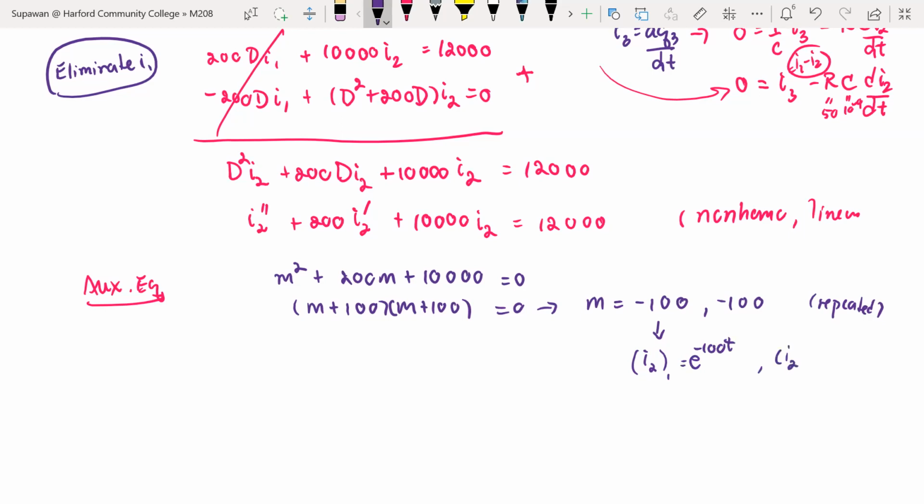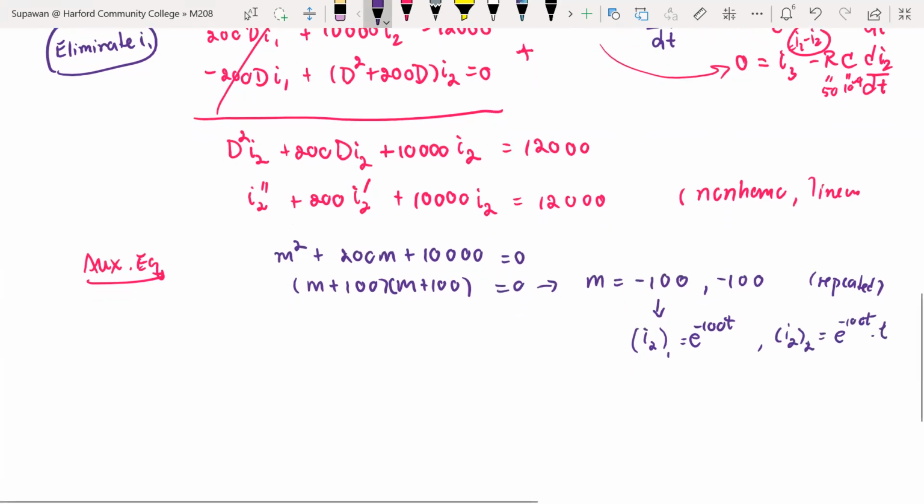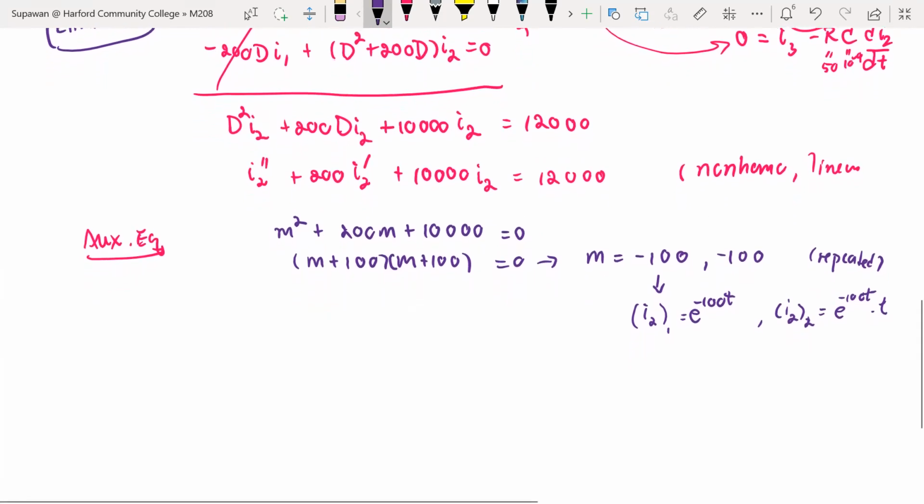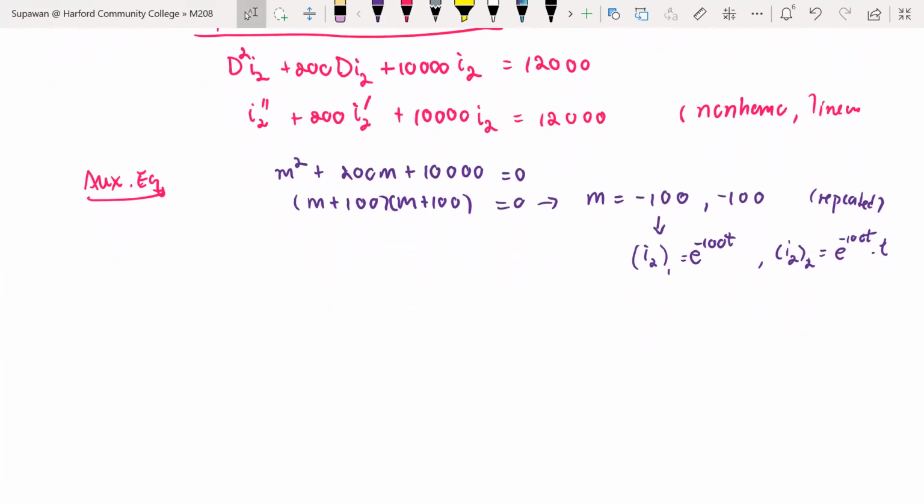The second one is the same pattern, but multiplied by t to make it linearly independent. So now we have the complementary solution for I2 as C1 e to the negative 100t plus C2 times t e to the negative 100t.